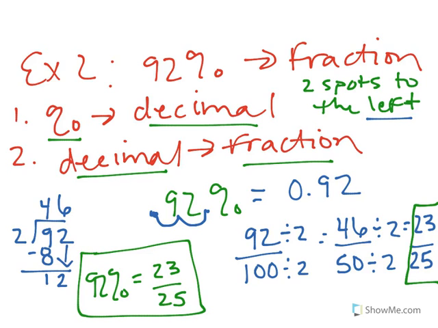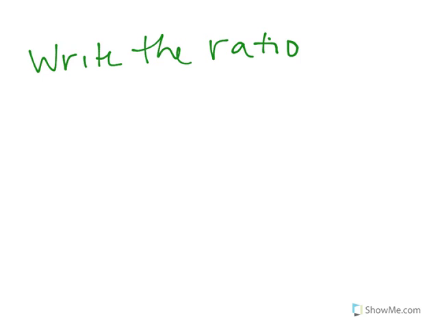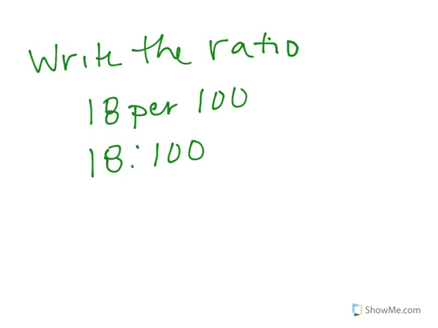My last example is using that word ratio that we talked about before. So if I ask you to write the ratio of 18 per 100 or 18 to 100, these are both how you write ratios using the word.